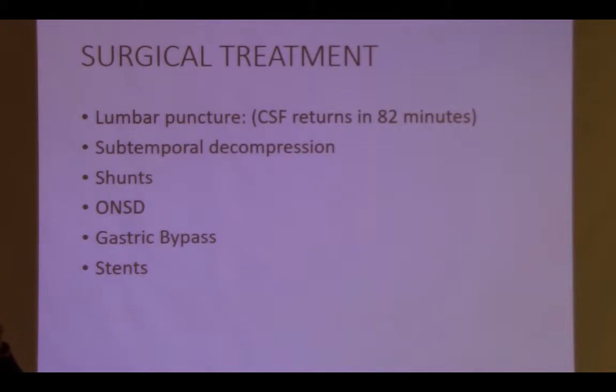Now, if people are losing vision, we can recommend surgical treatments. Some people want surgical treatments just for the headache, and I want to talk about what surgical treatments are out there. So the lumbar puncture can be done, but remember the spinal fluid will return in a few hours. They used to do something called subtemporal decompression.